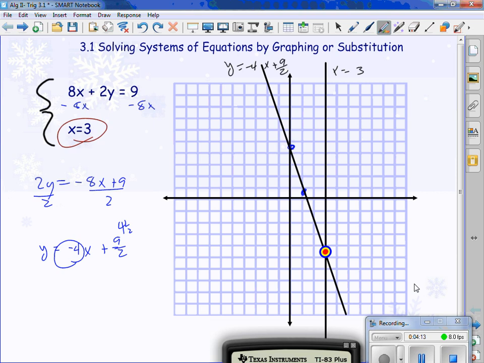If you're off a little bit, your answer is going to be off a little bit. Where do they intersect? What are the coordinates for this point? 1, 2, 3. 1, 2, 3, 4, negative 4.5. And that is your solution.